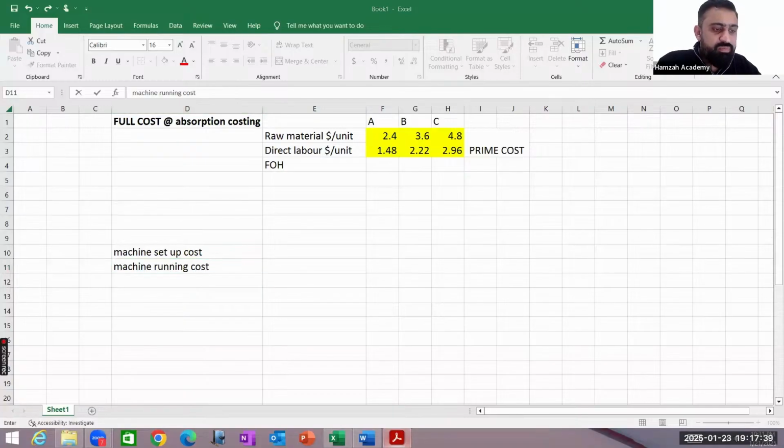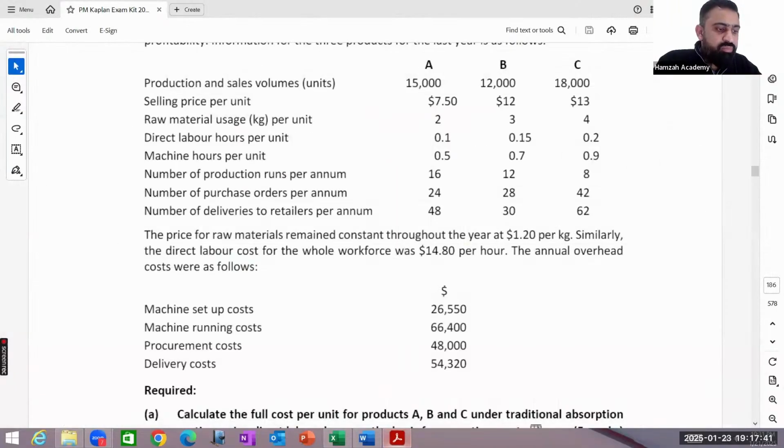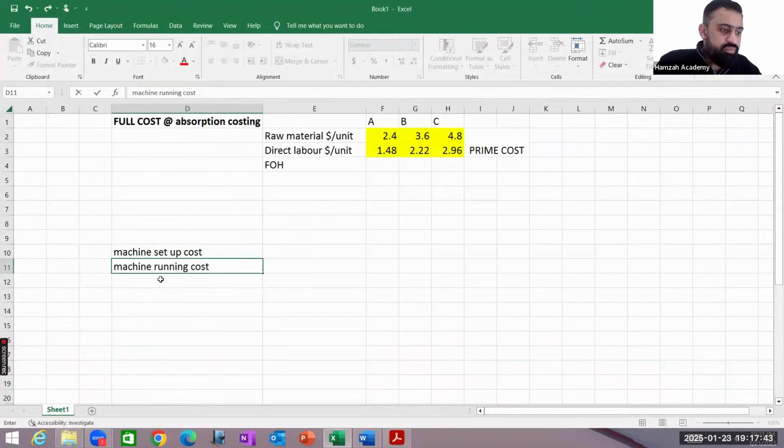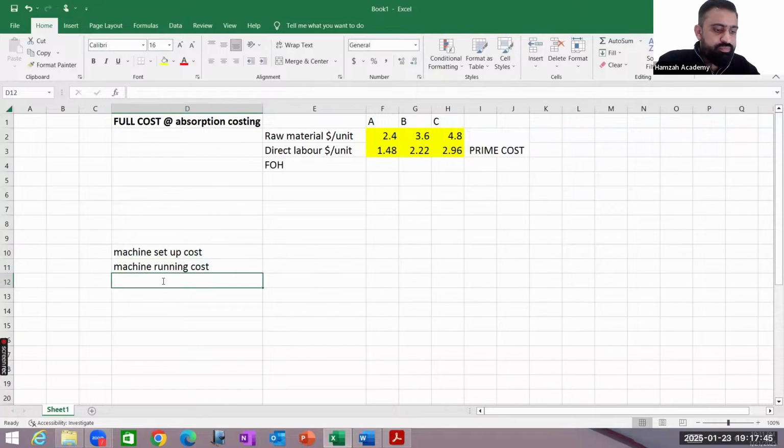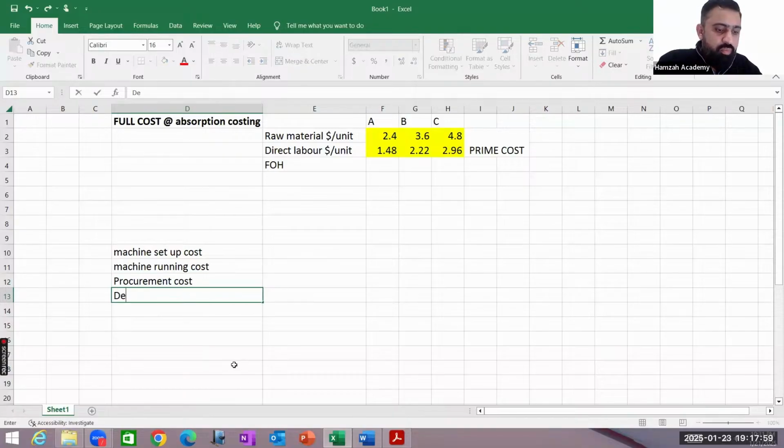Then we have procurement cost, and we have delivery cost.